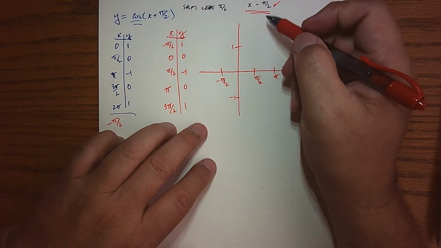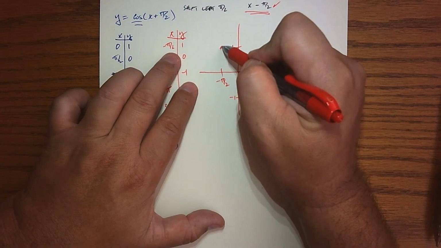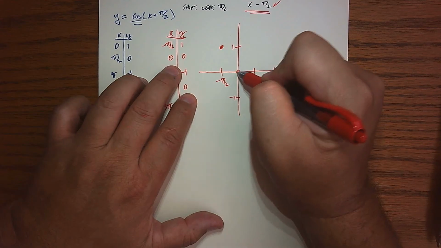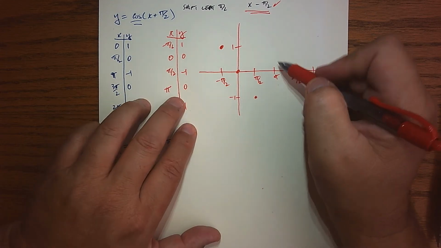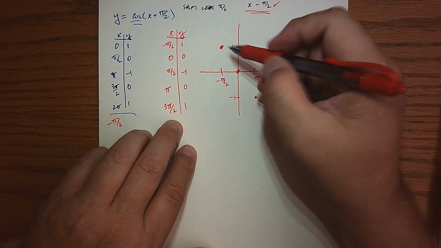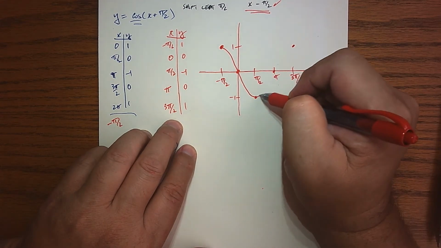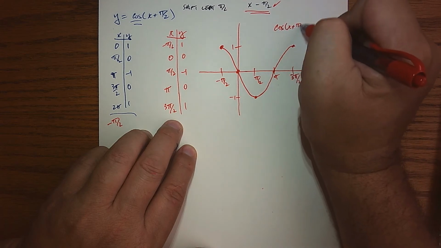We're not messing around with equilibrium or amplitude. So negative pi over 2 gives us a 1. 0, 0 is on the graph. Pi over 2 is negative 1. Pi is 0, and 3 pi over 2 is 1. So here's our graph in red. This is the graph of the cosine of x plus pi over 2.